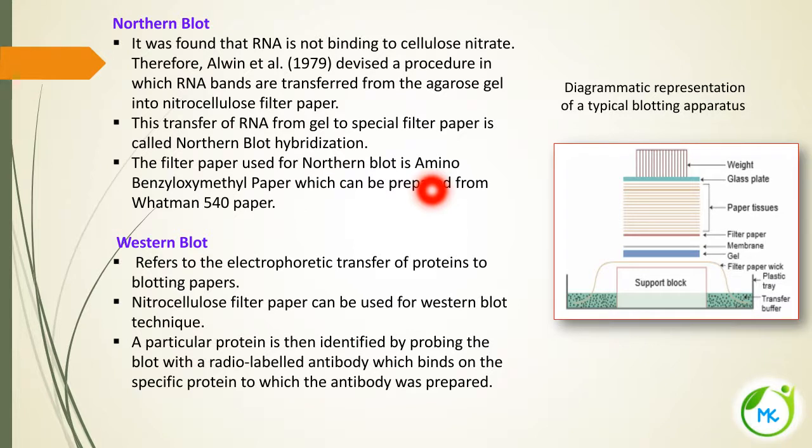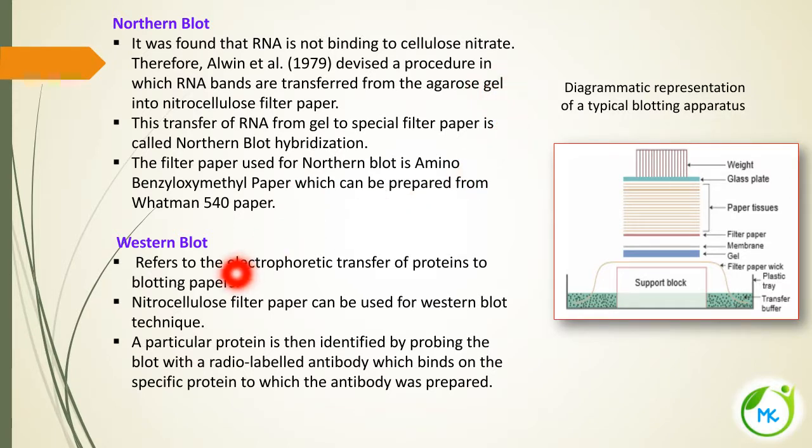This amino benzyl oxymethyl paper can be prepared from a specific kind of filter paper called Whatman 540 paper. Using only this Whatman 540 paper, we produce this kind of filter paper, that is amino benzyl oxymethyl paper.